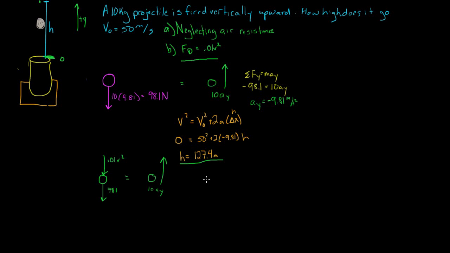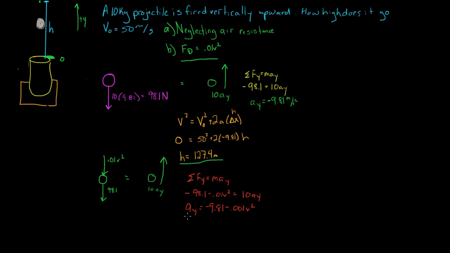So when we sum our forces in the y direction, the sum of the forces in the y direction is equal to mass times acceleration in the y direction, we have minus 98.1 minus 0.01 v squared is equal to a mass, which is 10, times an acceleration in the y direction. If we solve for our acceleration in the y direction, it is equal to negative 9.81 minus 0.001 v squared.